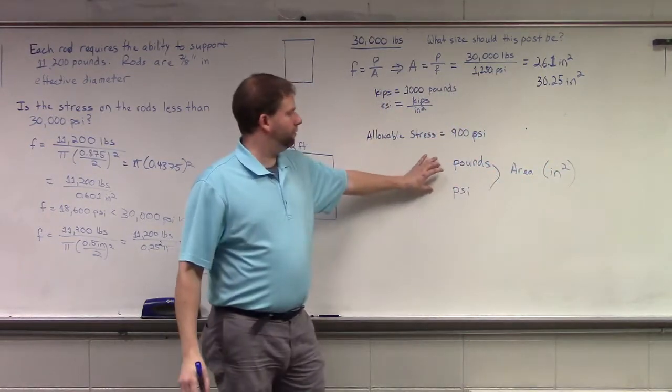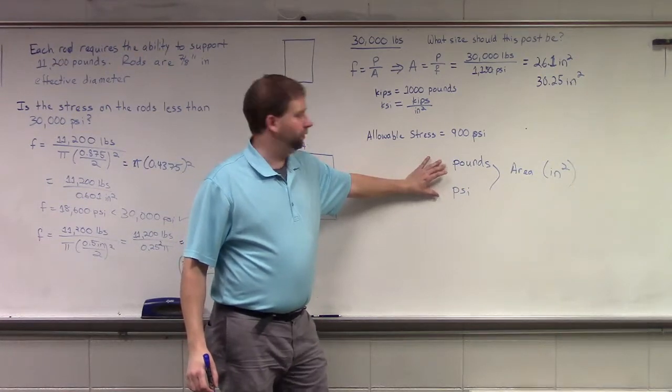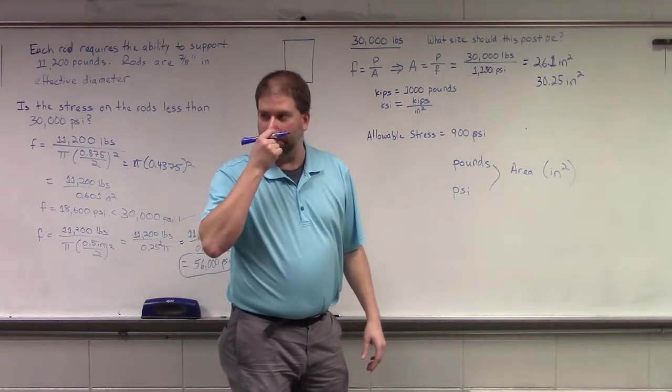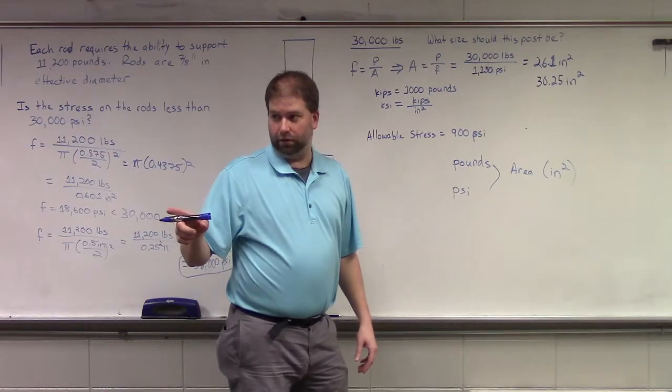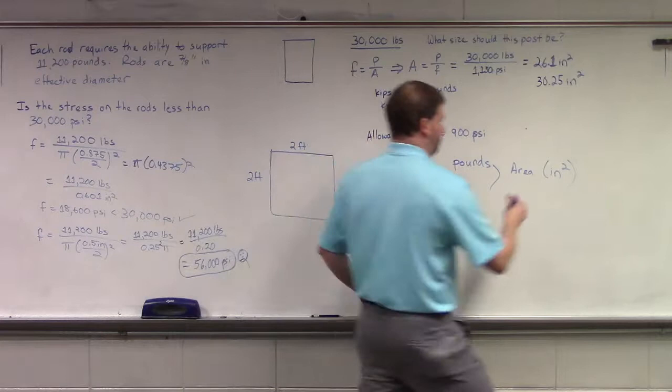So how are you gonna convert these two data points into square inches? Divide. You're gonna divide what? PSI by pounds? Careful. Do you wanna divide PSI by pounds, or pounds by PSI? Pounds by PSI, yep.